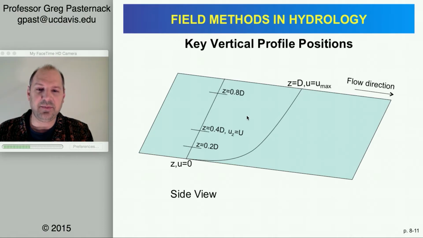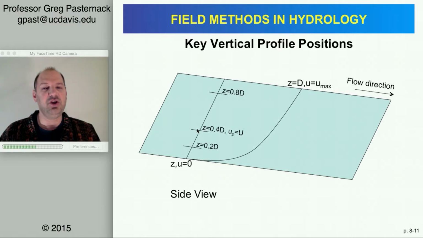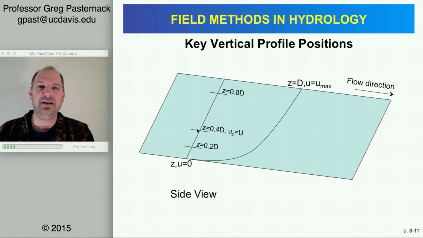So the simplest approach is to find the one place in the profile where you exactly match the mean velocity in the vertical. And that turns out mathematically to be a place that's 0.6 down from the surface in terms of the total depth.